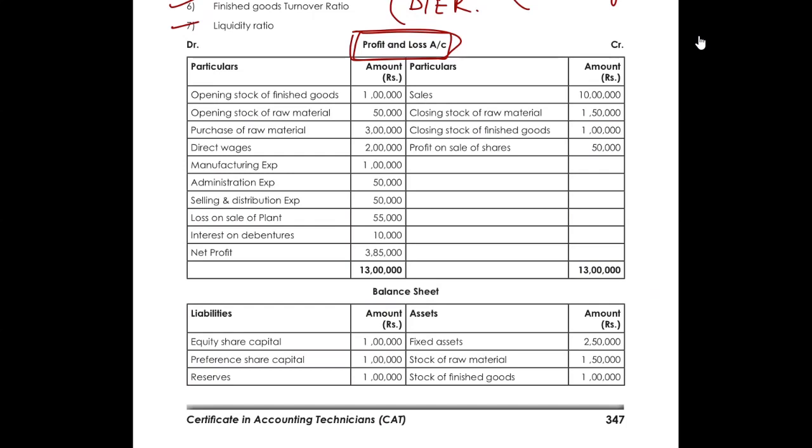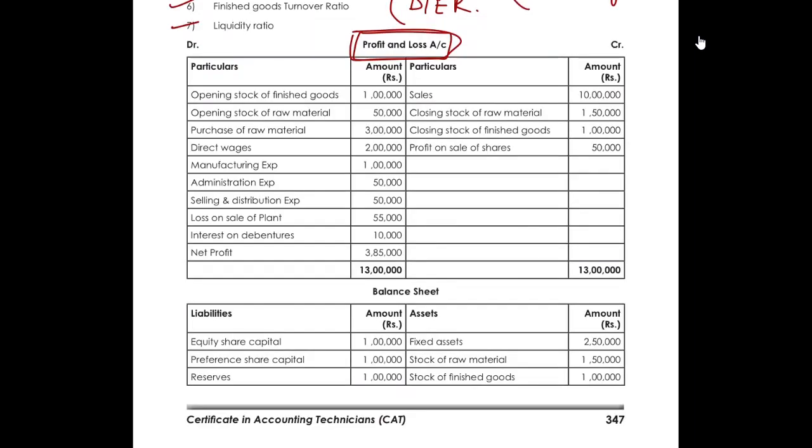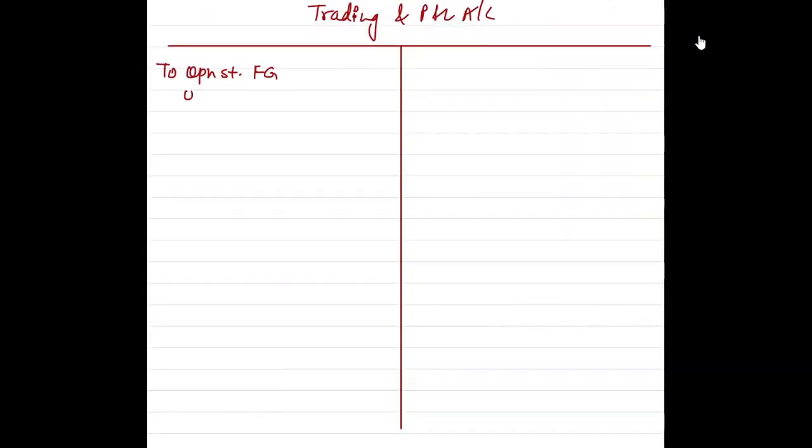Let us see what information they have given with respect to everything. Right now they have given you opening stock of finished goods. So we have opening stock of finished goods, then we have opening stock of raw material.